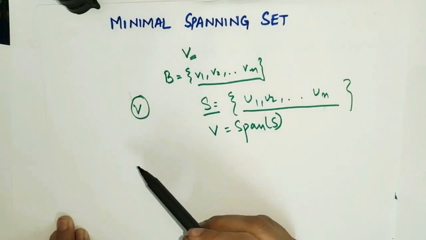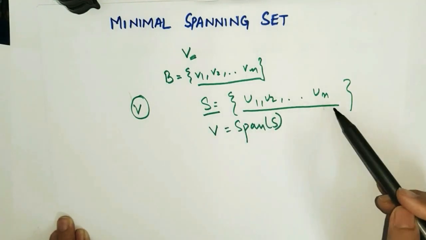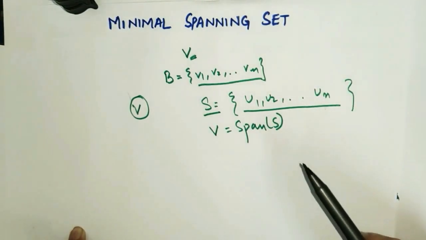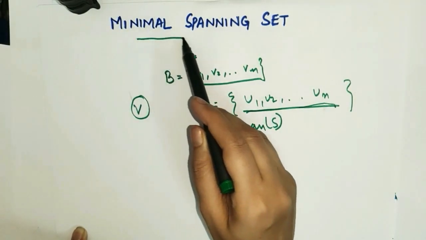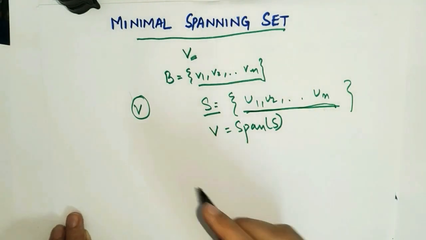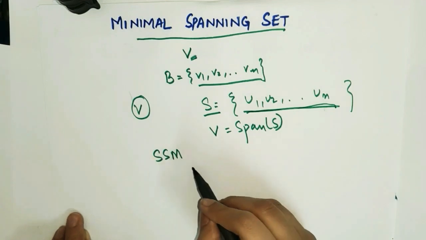First, as we have already discussed, we can find the maximal linearly independent subset of S and that will be the basis, or using these vectors of S, we can find the minimal spanning set. To find the minimal spanning set, we apply SSM, that is, the simplified span method.